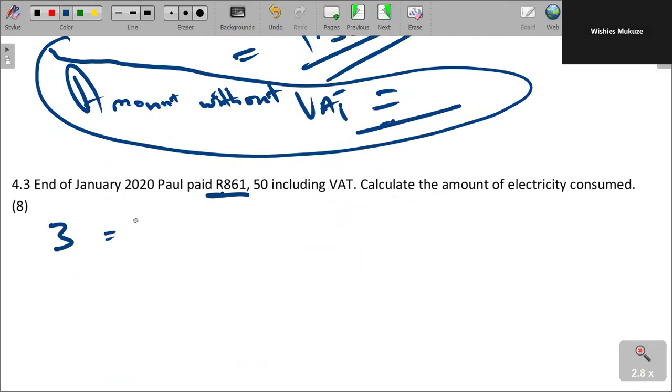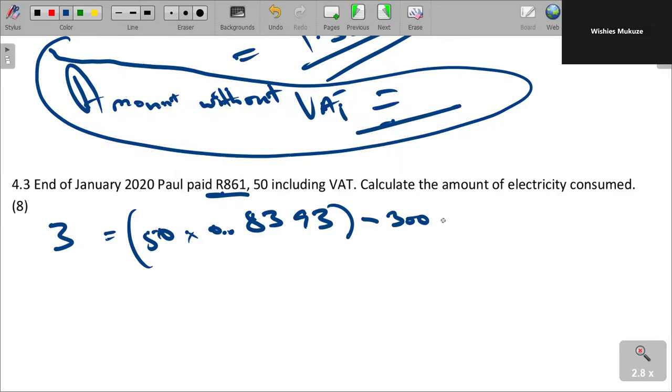Block 3 is equal to 50 multiplied by 0.8393, minus 300 multiplied by 1.0779, plus 250 multiplied by 1.5351.